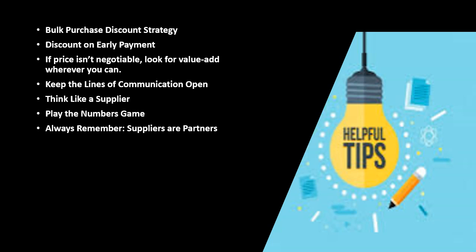So if you play the number game, like suppose in our plant the actual requirement is 10 numbers, but you can discuss the future requirement, like our requirement is 100 numbers, though right now the requirement is 10, then you have to discuss hypothetical numbers, or play the number game with the vendor, so you will get the best discount on that. Always remember, suppliers are partners.